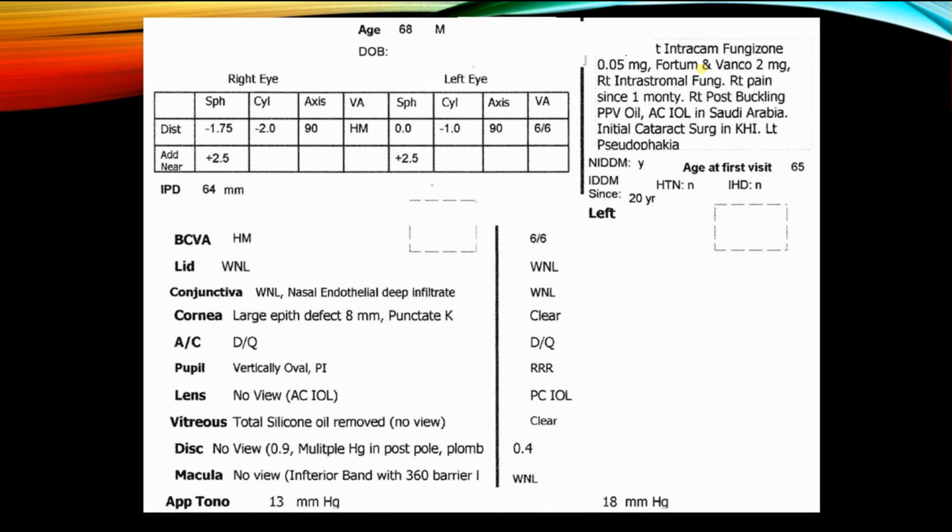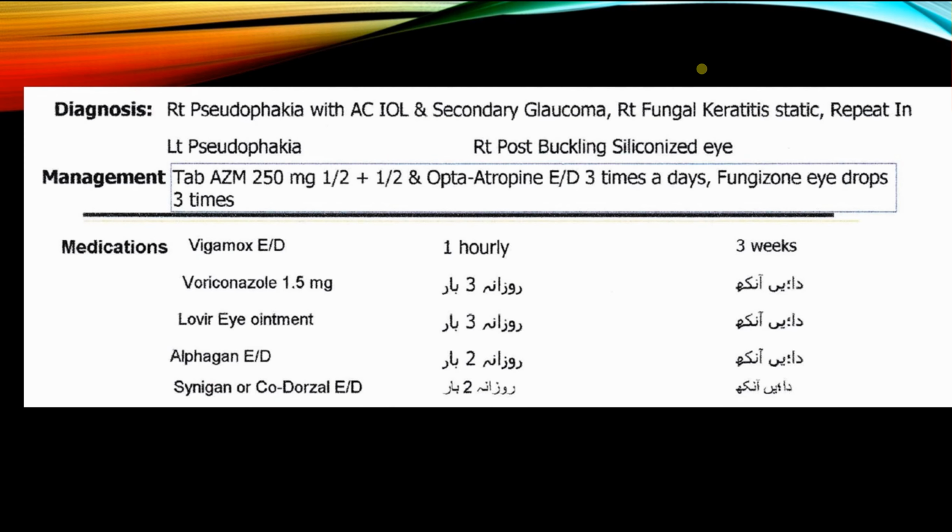The sign of any resolution of a corneal ulcer is reduction of pain initially. What you need to do is scraping of the cornea, which we've sent for examination. Once we have a culture of the type of fungus, we can probably better treat the patient.